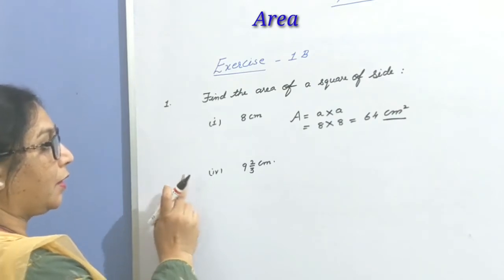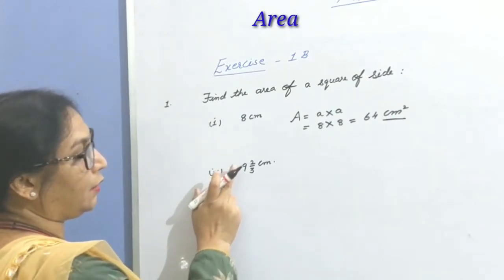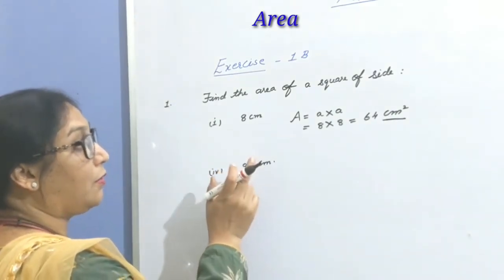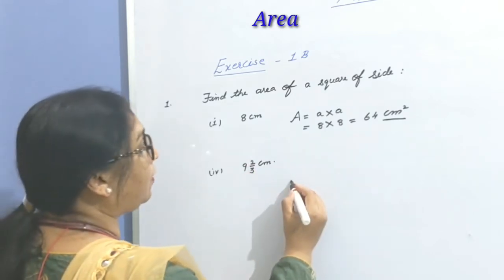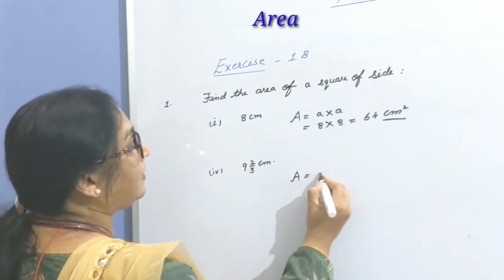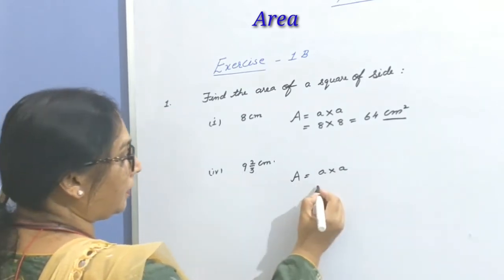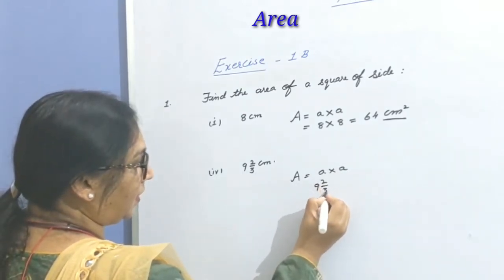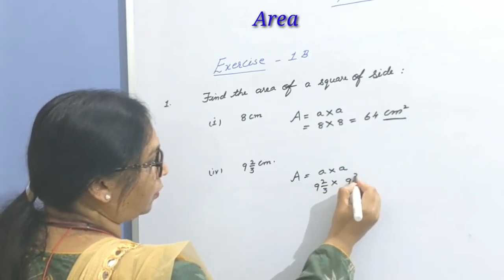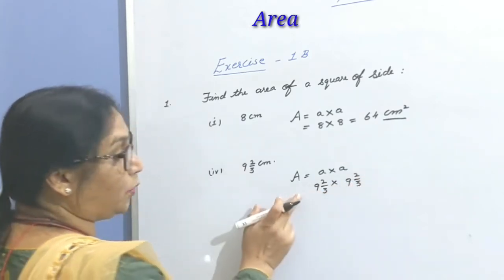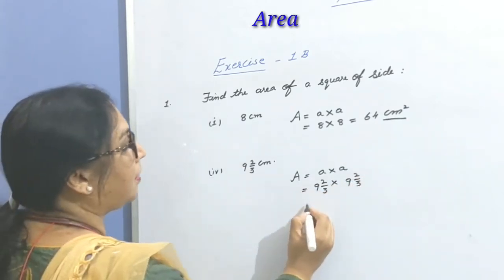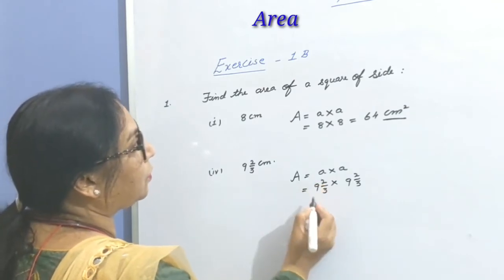Next, fourth part: if each side of a square is 9 whole 2 by 3 centimeter, find its area. Let's apply the formula. Area of a square is side into side, that is A into A. Put the value 9 whole 2 by 3 into 9 whole 2 by 3. Convert them into improper fraction. 9 3s are 27 plus 2 is 29.